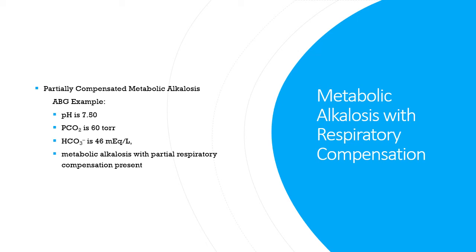The bicarb is elevated at 46 milliequivalents per liter, well above the normal range of 22 to 28 milliequivalents per liter. Metabolic alkalosis, in this case with partial respiratory compensation, is confirmed to be present.